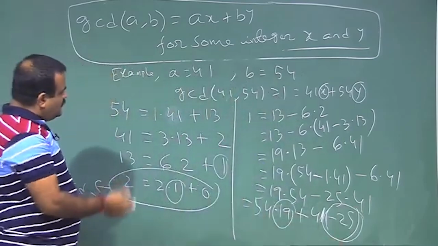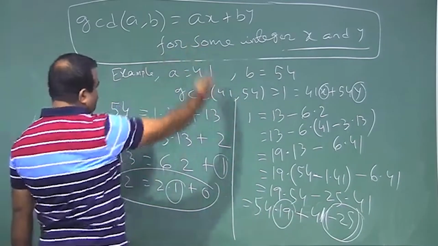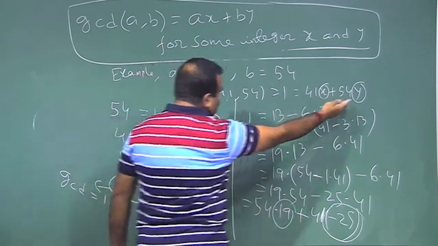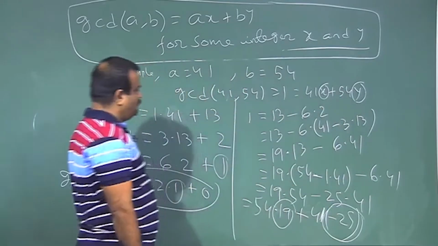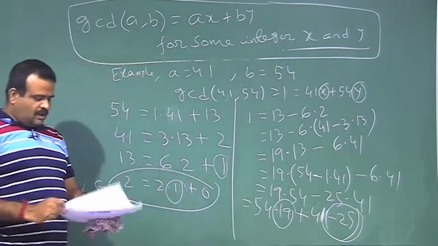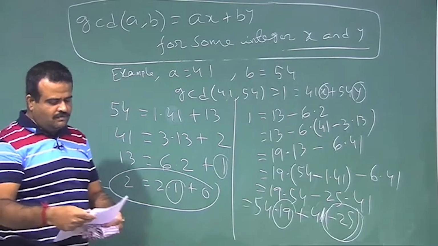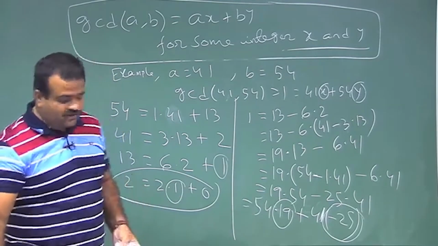Okay. So, this is the example where the GCD is 1. So, 1 is written in terms of 54 and 41, where 19 is x and minus 25 is y. Now, we will prove this formally by a theorem. This is through an example, but we will prove it by a theorem.